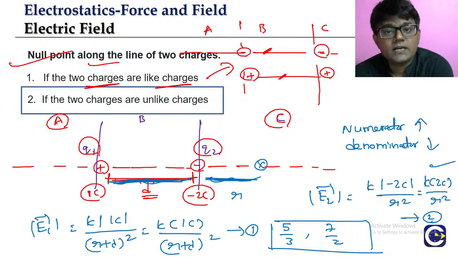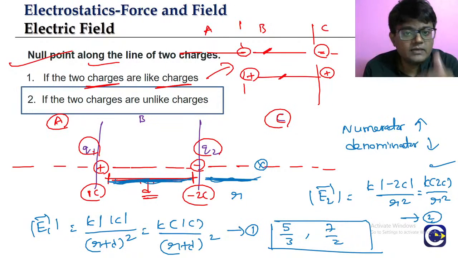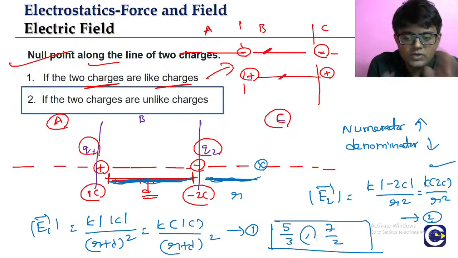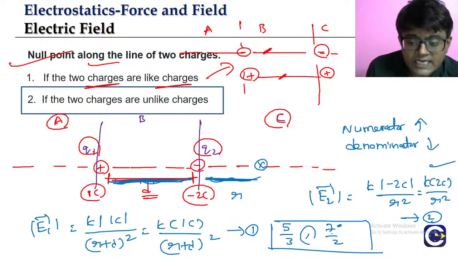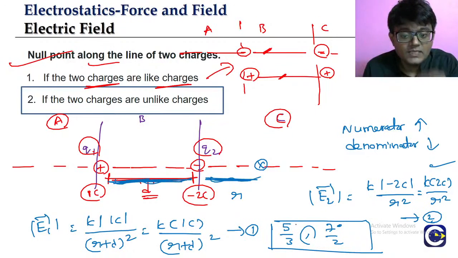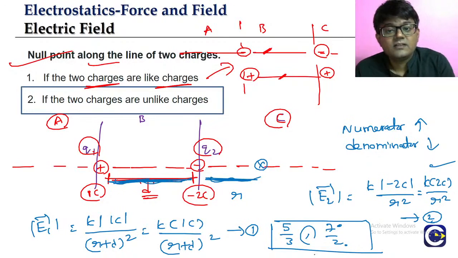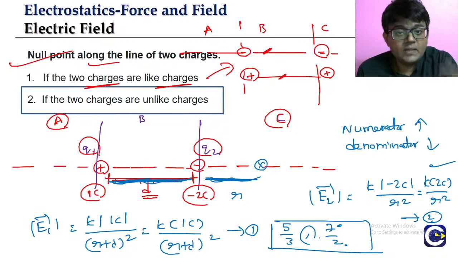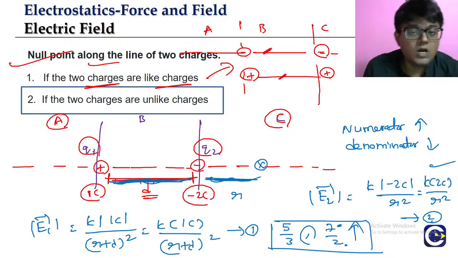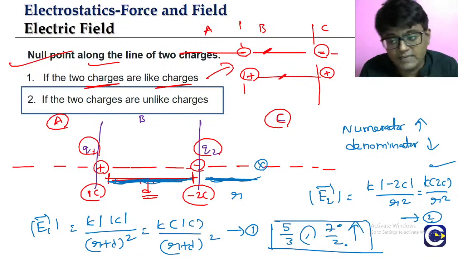The quickest conclusion: either you can convert them into decimals and then tell, or you can compare them directly. On one side 5/3, on the other 7/2. The numerator is higher, 7 versus 5, and the denominator is lesser. When a fraction has a higher numerator and a lesser denominator, its value will always be higher. So the value of 7/2 will always be higher than 5/3.